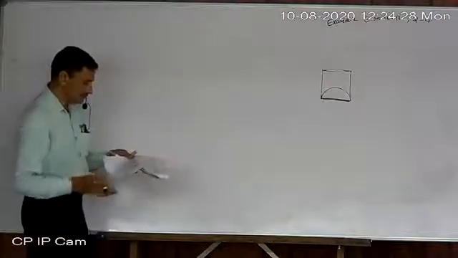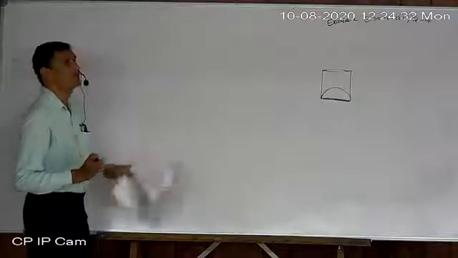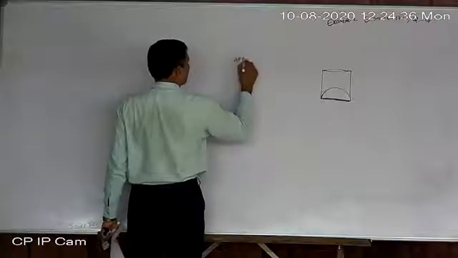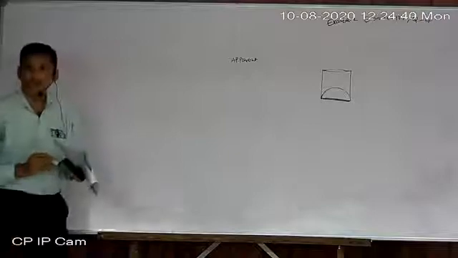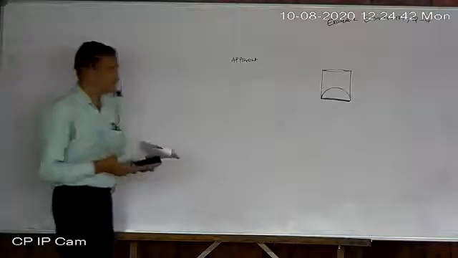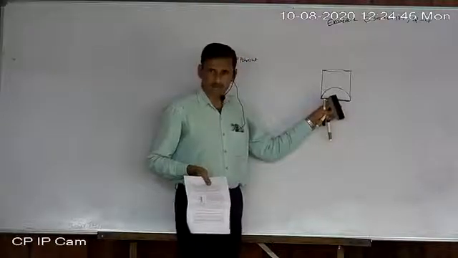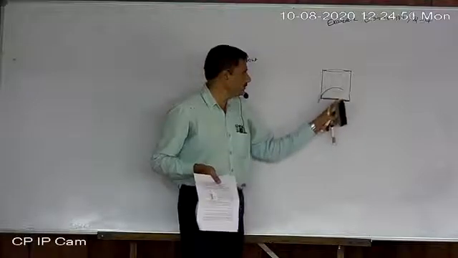So they have asked us two answers: find the apparent capacity and the actual capacity. Apparent means what? Not real, not actual. This is for making some malpractice, for cheating.